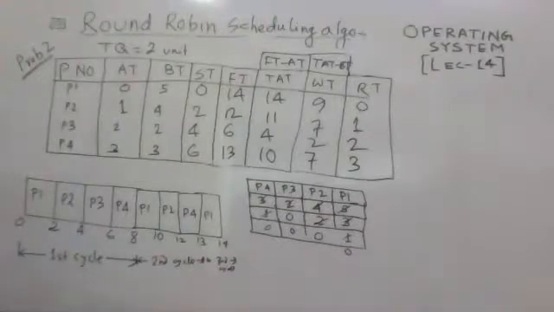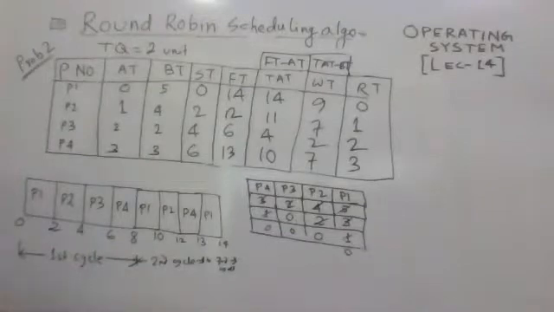Now, what is the advantage of this algorithm? Actually, this algorithm is suitable for time sharing systems, and it is the most important point that this is a starvation free algorithm.